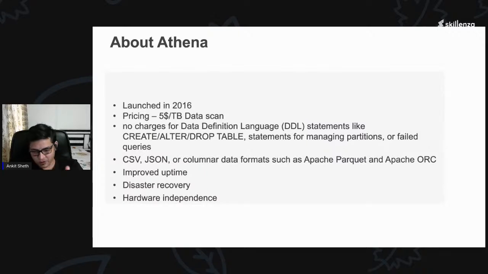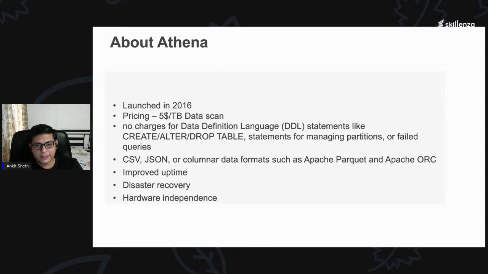Let me give you a bit of background. It was first launched in 2016. Since then it has grown a lot, but people are kind of shy about using this service because it's not one of the mainstream services on AWS.